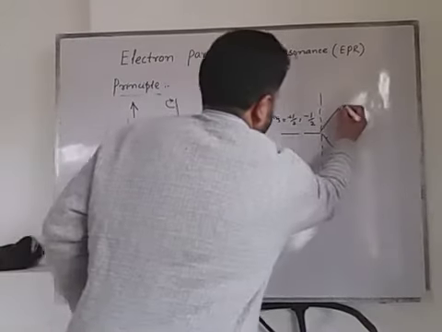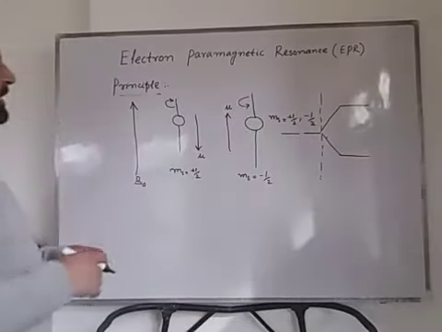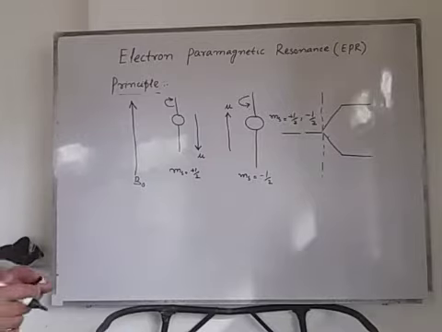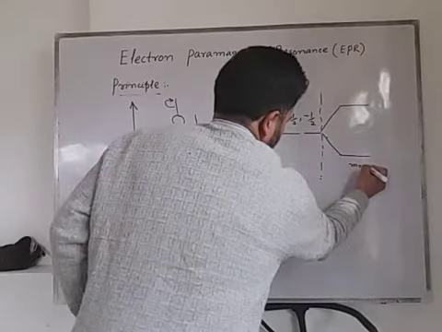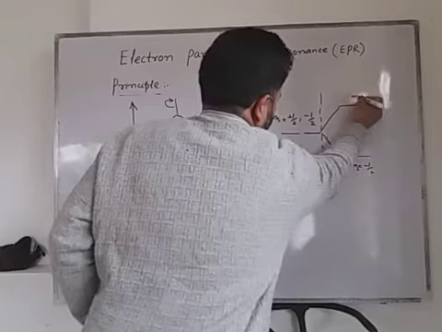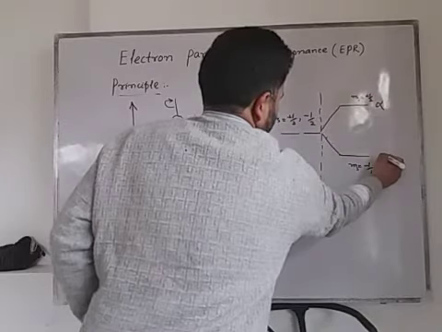The one which opposes the external magnetic field will rise in energy, and the one which reinforces the external magnetic field will decrease in energy. So this will correspond to ms equal to minus 1 by 2, and this will correspond to ms equal to plus 1 by 2. It is called alpha state, this is called beta state.